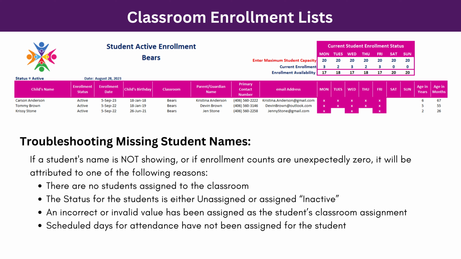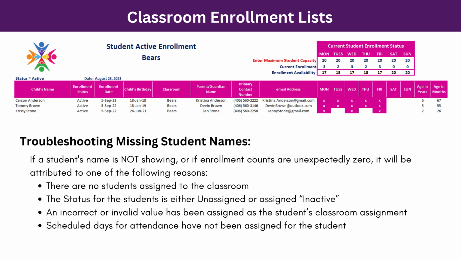If a student's name is not showing, or if enrollment counts are 0 or not as expected, it will be attributed to one of the following 4 reasons. 1, there are no students assigned to that classroom. 2, the status for the student is either unassigned or has been assigned as inactive. 3, an incorrect or invalid value has been assigned as the student's classroom assignment.